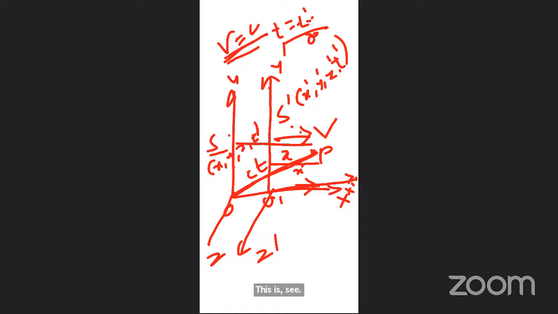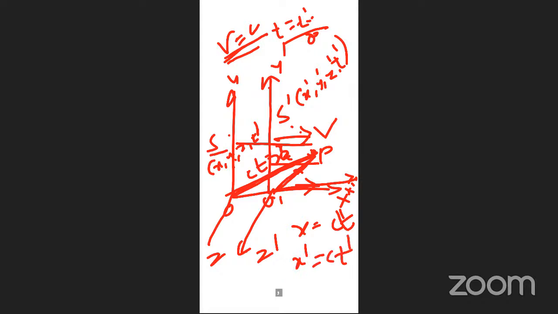So we take the distance from the S frame to the point P as x, therefore x is equal to ct. And in the S dash frame, the distance x dash is equal to ct dash.